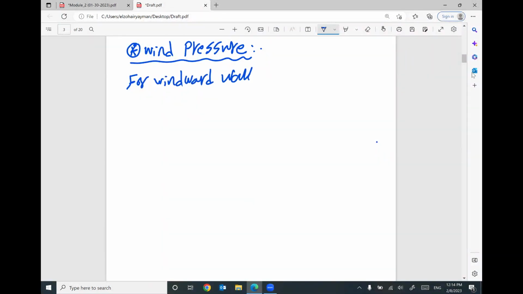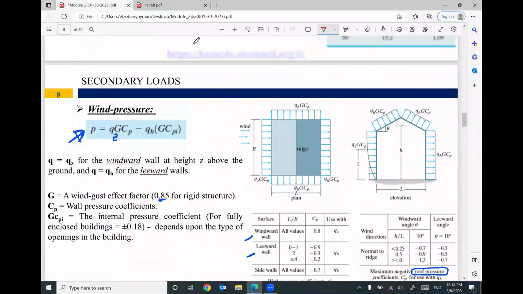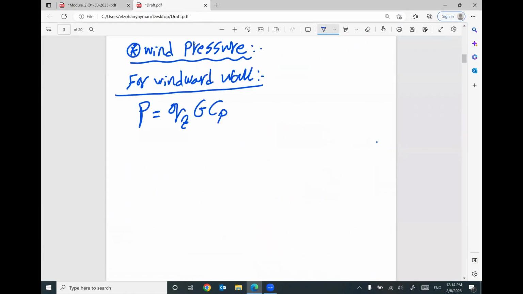Your equation of pressure equals QZ times G times CP minus QH times GCPI. This is the equation.